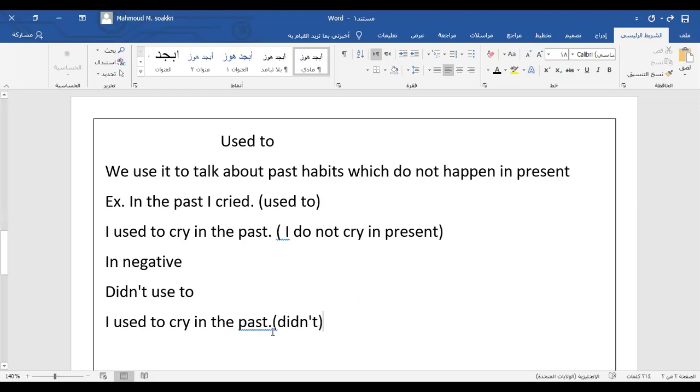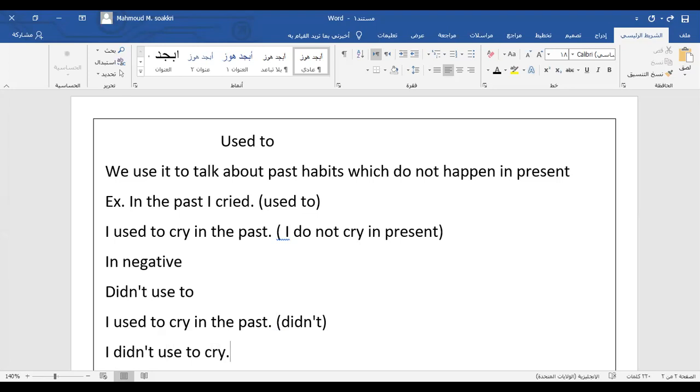To make it negative: I didn't use to cry. It means that in the past I didn't cry a lot.